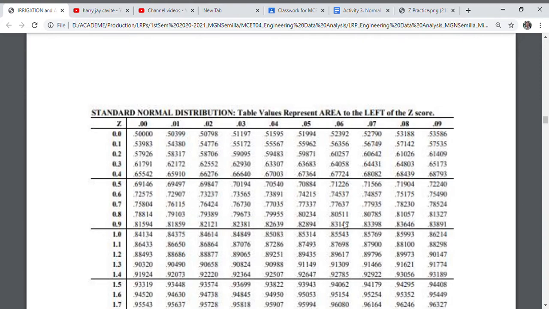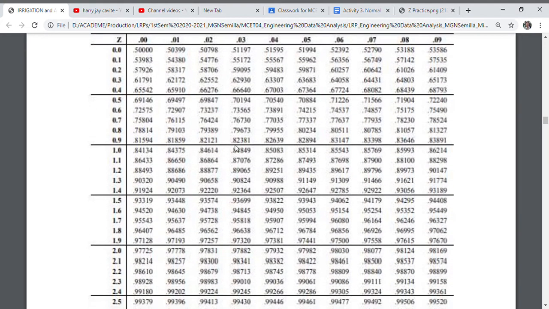Okay, we have two values: 0.748 and 0.751. So you could use 0.67 or 0.68, or you can do interpolation.